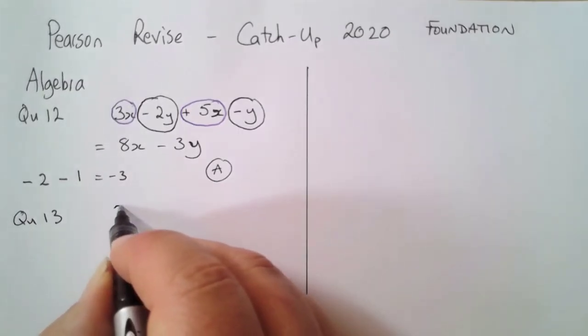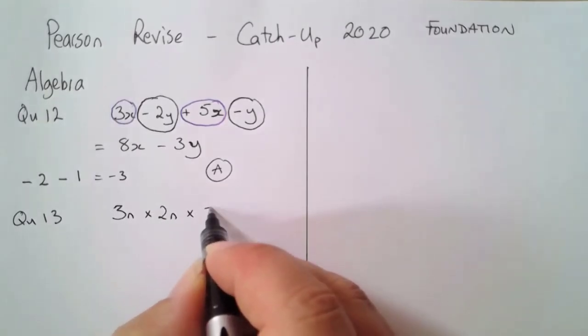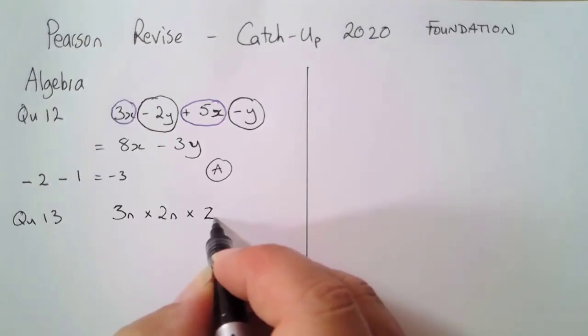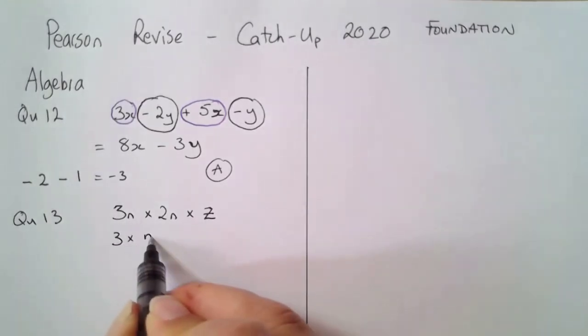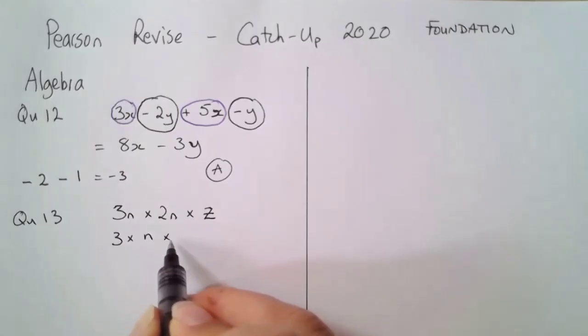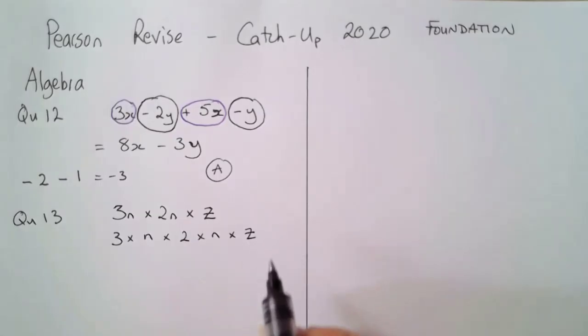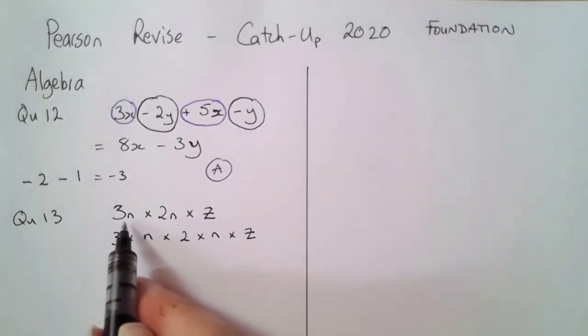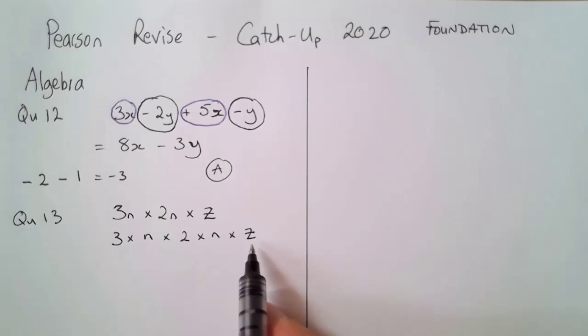Simplify 3n multiplied by 2n multiplied by z. This is the same as writing 3 multiplied by n, multiplied by 2 multiplied by n, multiplied by z. There's an invisible multiplication symbol between the 3 and the n, so I've just written it out like this.